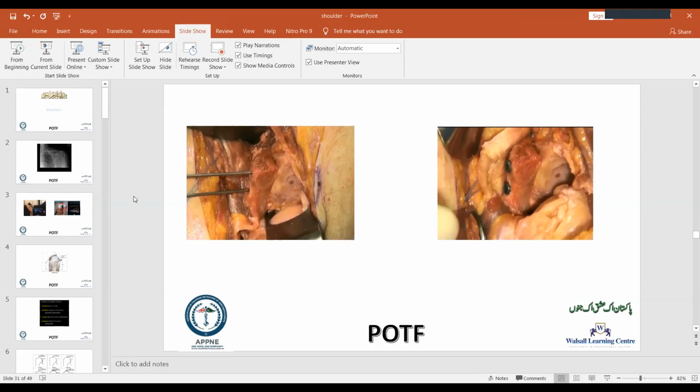Once you've done that on clinical examination, the differentiation between traumatic and atraumatic is the sulcus sign. In a person who has multidirectional instability, if you do a sulcus sign, you will get it present. But if you externally rotate while you're doing the sulcus sign, it will disappear. That means the person does not have multidirectional instability.